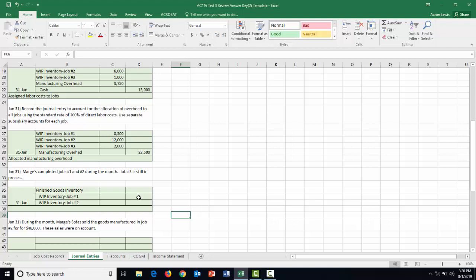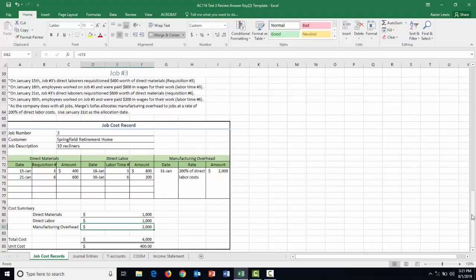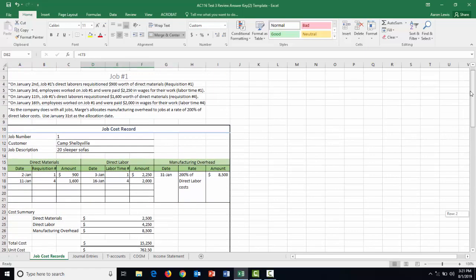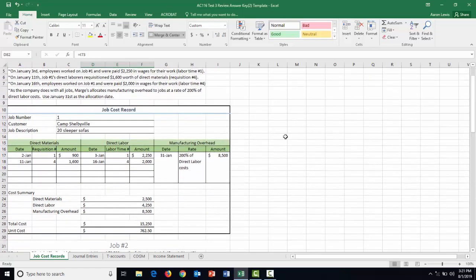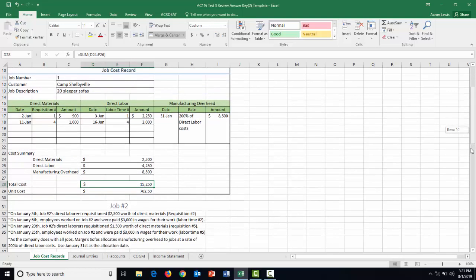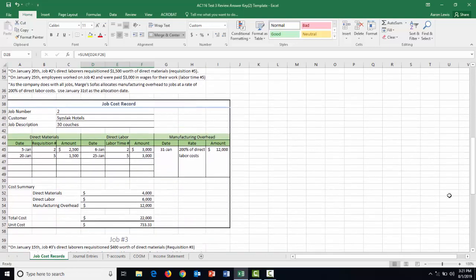To figure this out, we're going to go back to our job cost records and figure out what amount of total costs were in job number 1. So we go to job number 1's cost record, and job number 1 had a total cost of $15,250. We also finished job number 2, and we see that job number 2 had a total cost of $22,000.